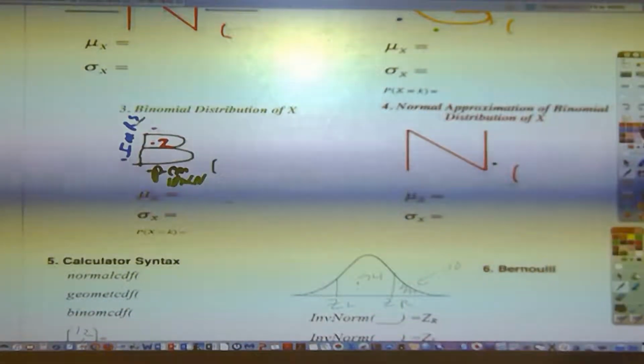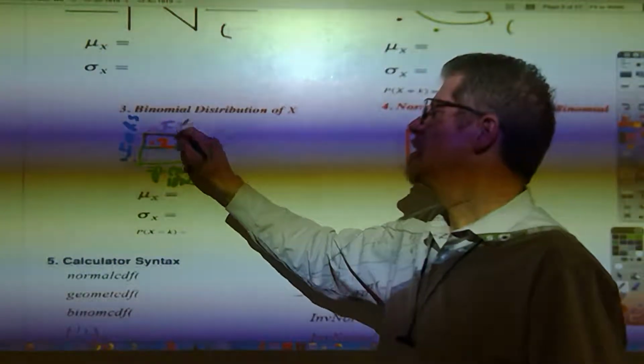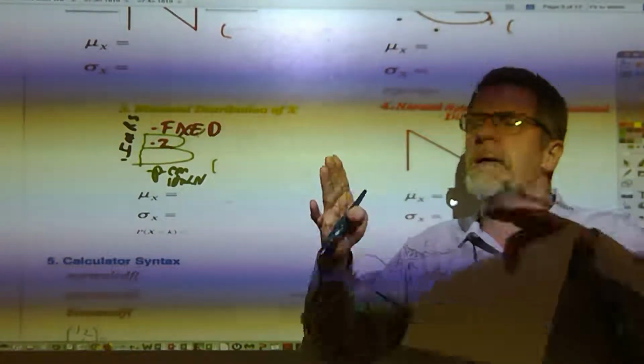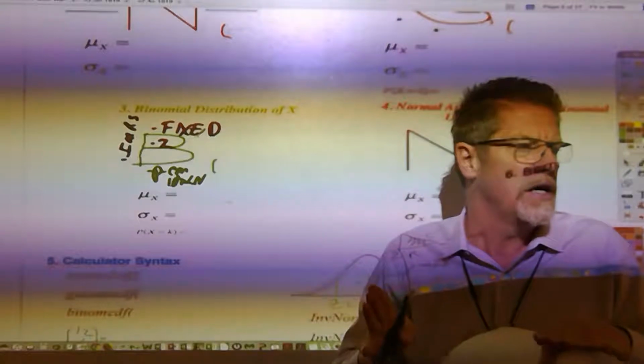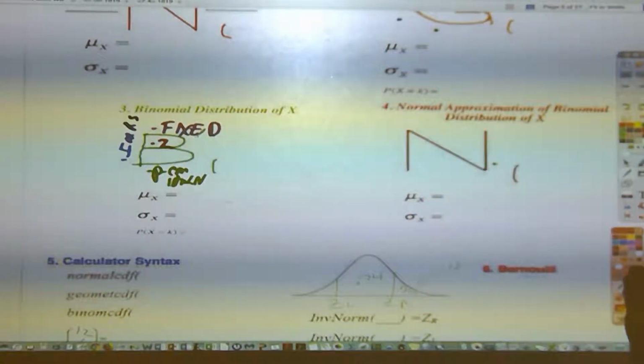And on the top, we've got not the word first, but the word fixed. If there's a fixed number of successes that we care about, we don't care about the first person who votes for Trump, we care about how many people in the sample have voted for Trump. What is the fixed number? We don't care what order they come in.